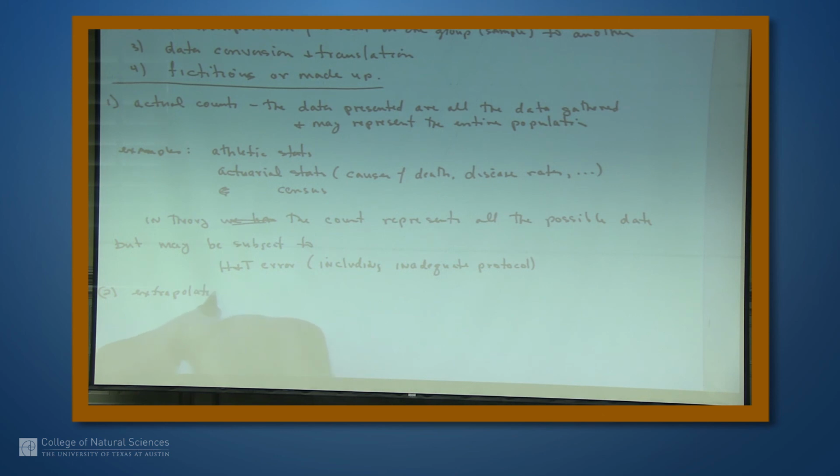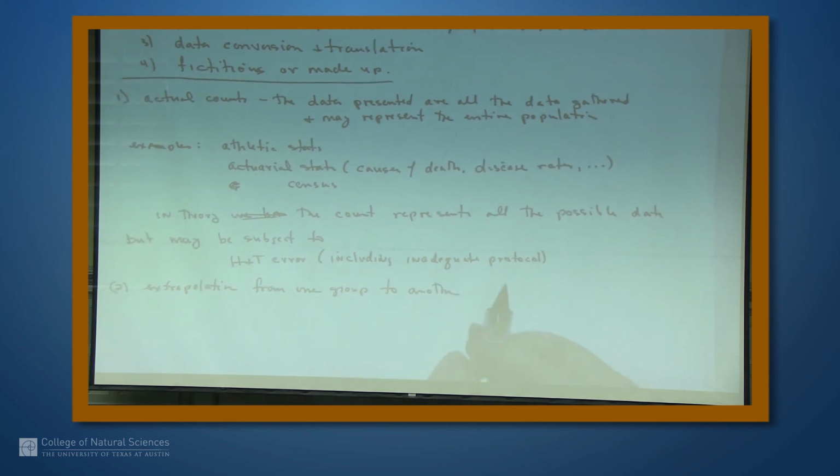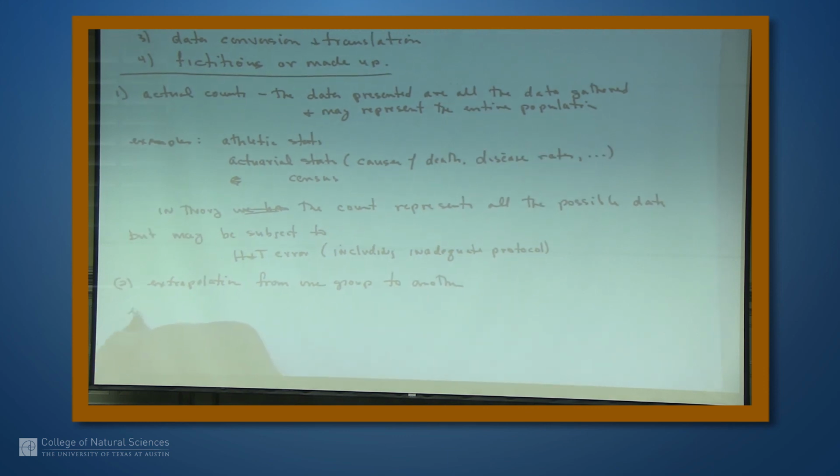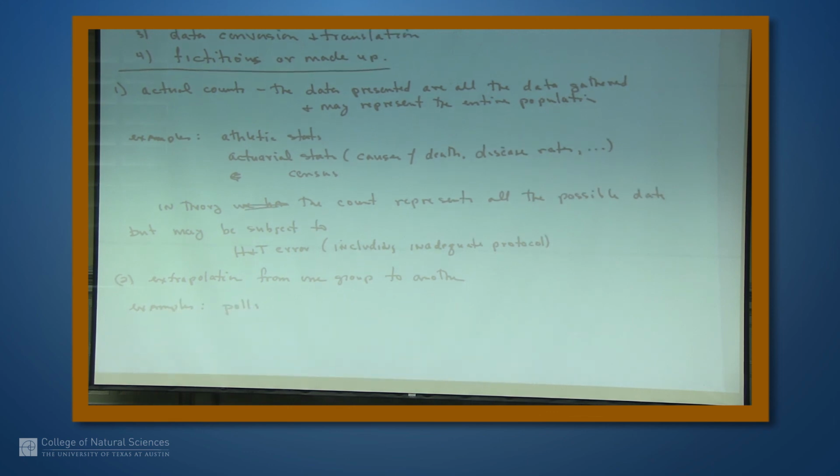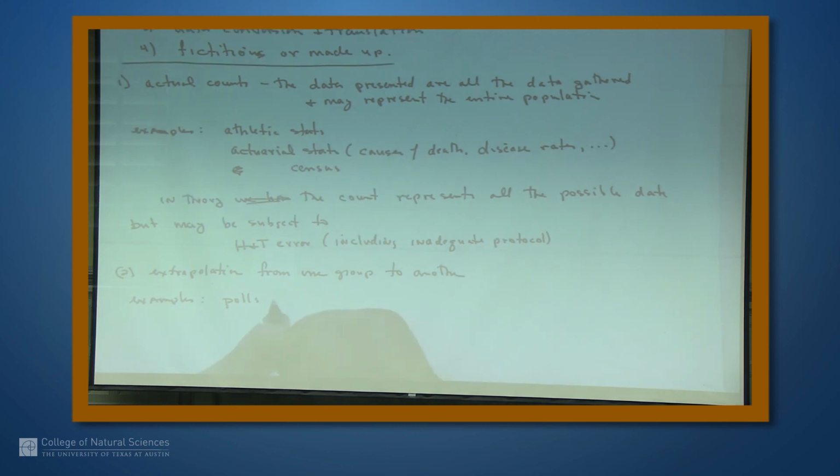The last point we'll hit today, extrapolation from one group to another. The examples, polls, right? We take a subset of the population, we make projections based on that to the whole.